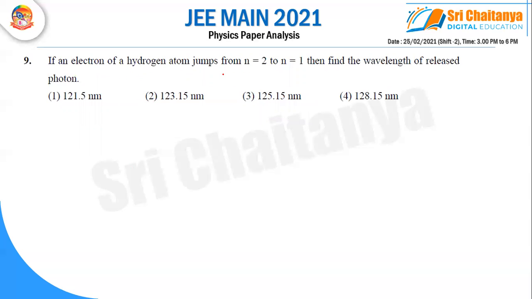Now, if an electron of a hydrogen atom jumps from n equals 2 to n equals 1, find the wavelength of the released photon. Energy is equal to minus 13.6 times 1 by n1 square minus 1 by n2 square. So minus 13.6 times 1 by 1 minus 1 by 2 square. And he's asking you to find the wavelength.